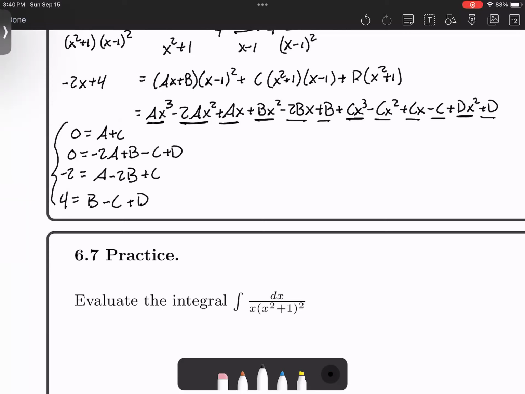So you have a system of 4 equations here. I'm going to trust that you can pause the video and solve this system correctly. We have a as 2, b as 1, c as minus 2, and d as 1.